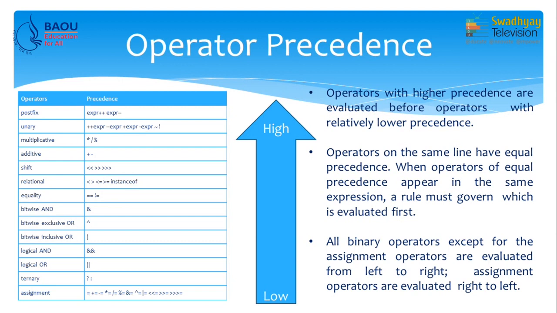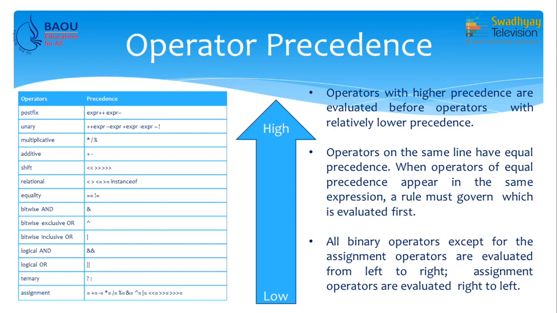So, if an expression uses multiple operators, the operators listed on top of the table will be evaluated first, and the operators at the bottom will be evaluated later on, and it follows this hierarchy. Low on the table represents low priority and top of the table represents high priority.